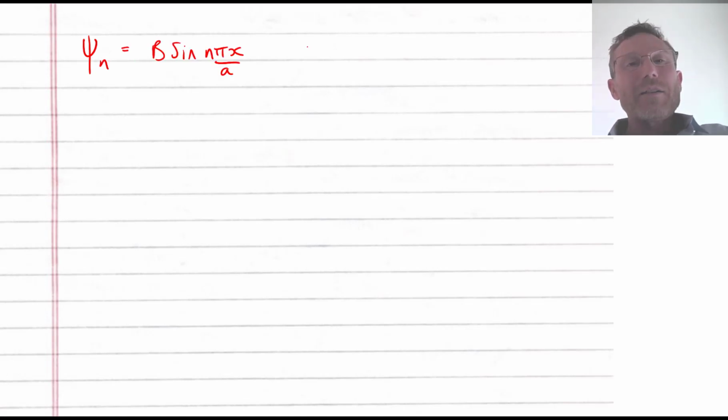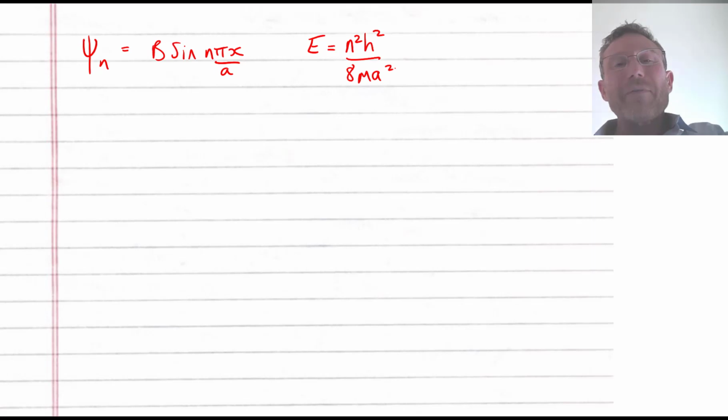Let's put forward a final note. Okay, so we have this solution and we have an associated energy that comes from solving the Schrödinger equation with our solution. We've just been talking about the correspondence principle, which talks us through how we get closer to a classical case when n tends to infinity.